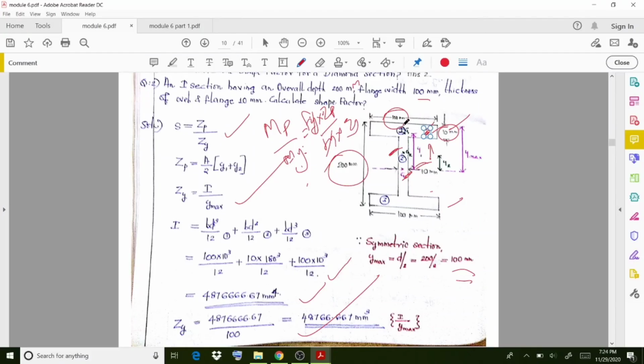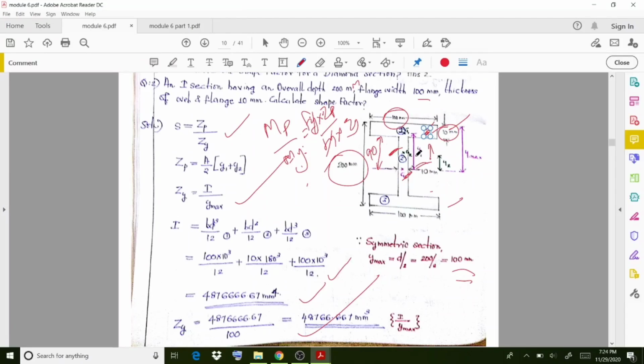A1 is going to be 100 multiplied by 10, and A2 is going to be the remaining distance. Actually it is going to be how much? It is half the distance, 100, then 100 minus 10, it is going to be 90. So that's the value for A2, 90 multiplied by 10.